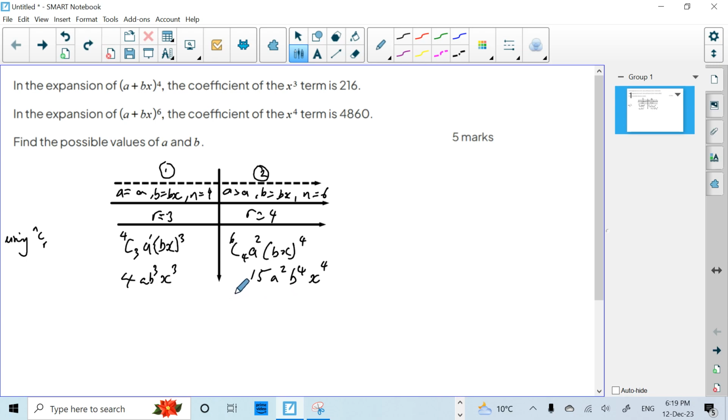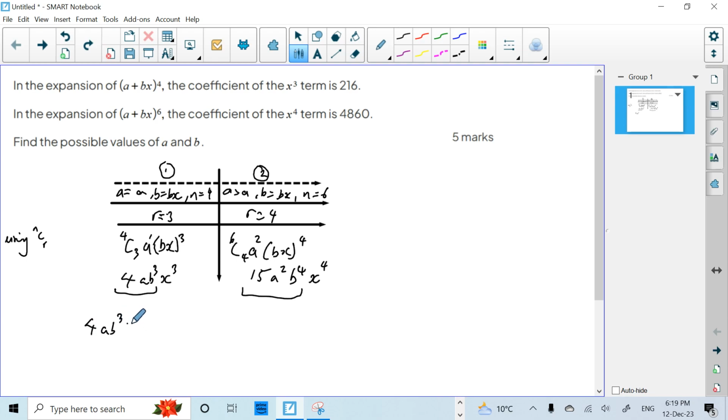And well, I want this and this equated. On my left hand side, I've got 4ab cubed is equal to 216.